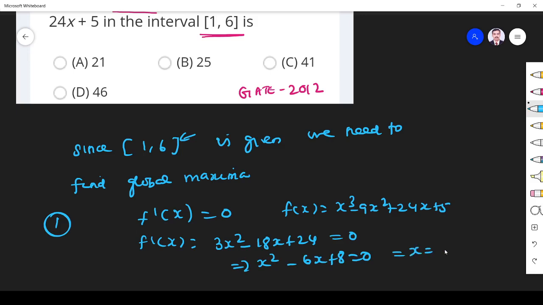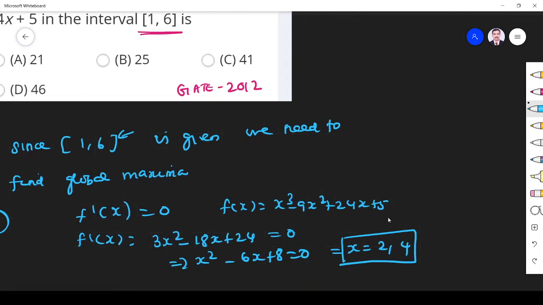This implies x is equal to 2, 4. These 2 points are known as turning points. At these points, the function may get maxima or minima. So these are some important points.